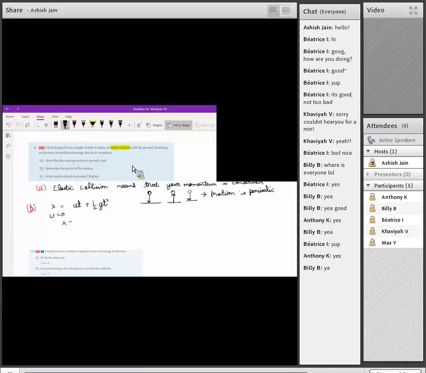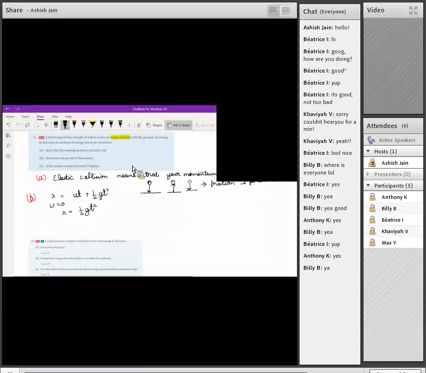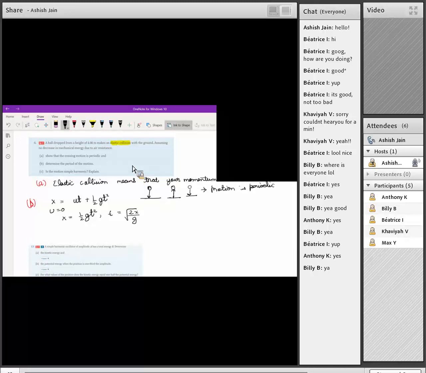That means x is half g t square, right? So t is root of 2x by g. You have x, you have g, you can find the period. Root 2 into 4 by 9.8.